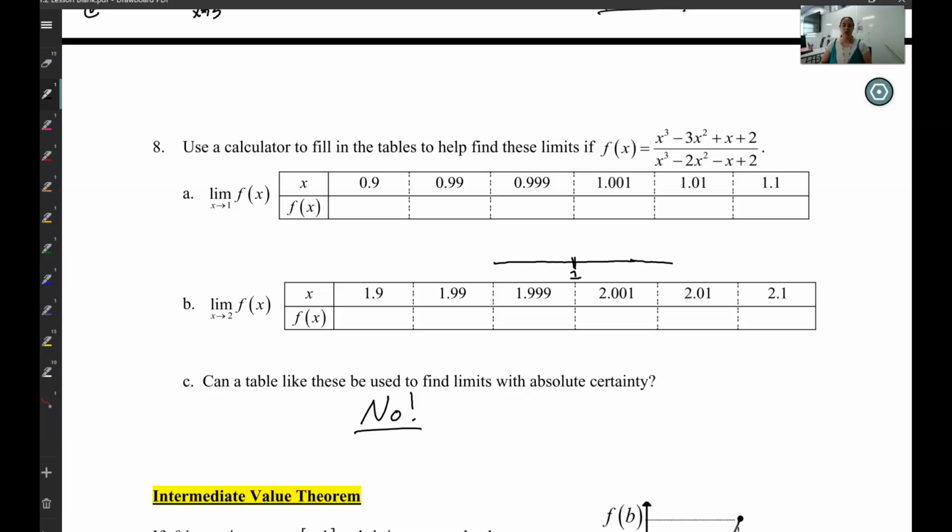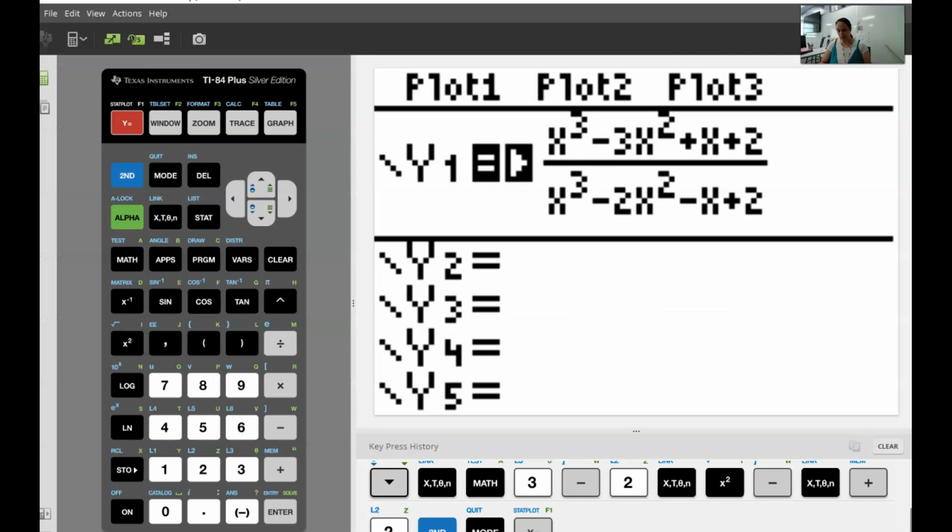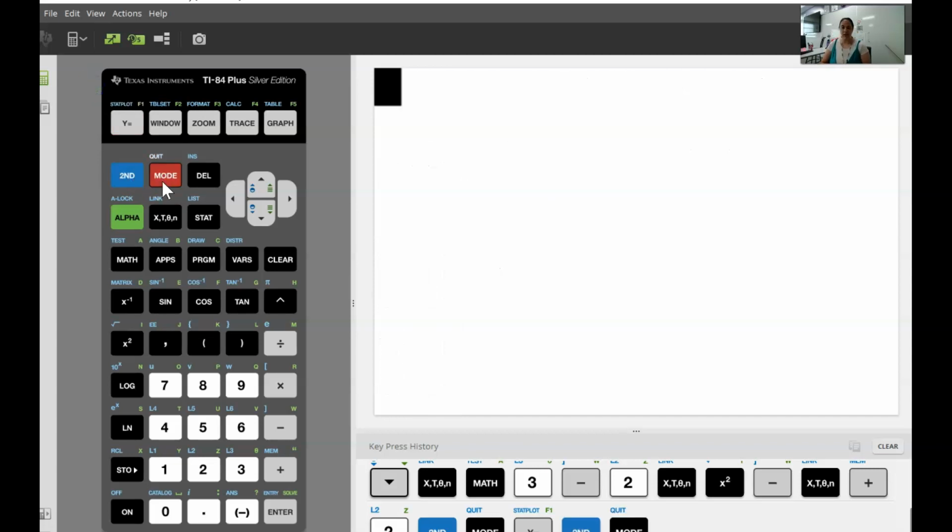Now I have a shortcut on your calculator. So if you go into your calculator, first thing you're going to do is type your equation into Y1. So you've done that. Next, if you hit second mode, it'll take you back to the home screen. Now, we're basically going to tell our calculator to do function notation, to plug a value into this equation.